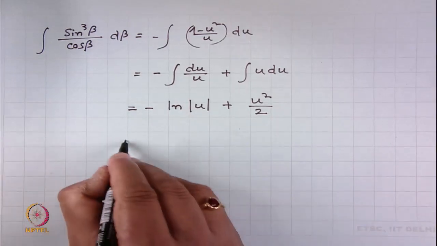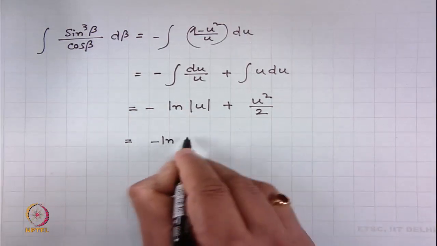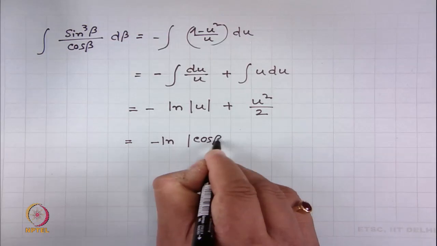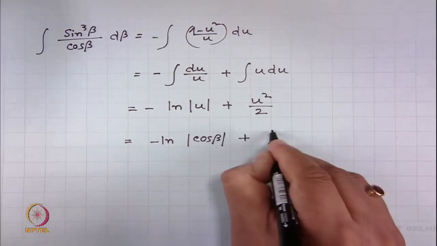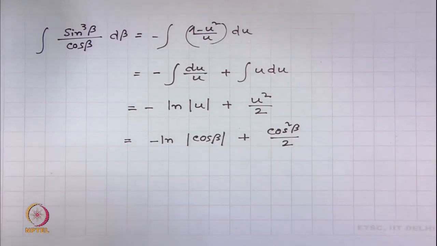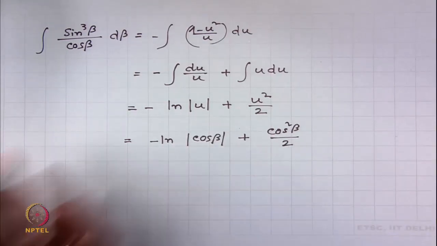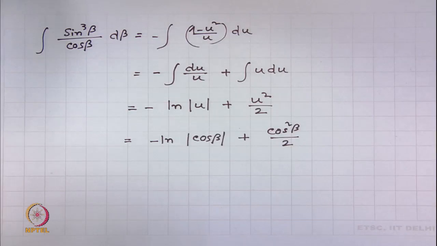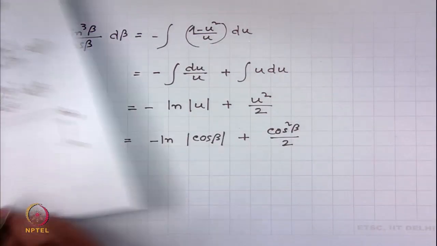U was cos beta. So, minus ln cos beta plus cos square beta by 2. So, this is the solution of this integral. We come back and we write this minus.